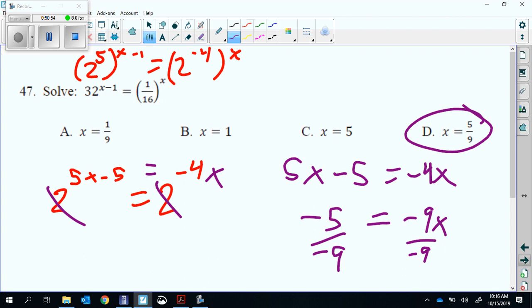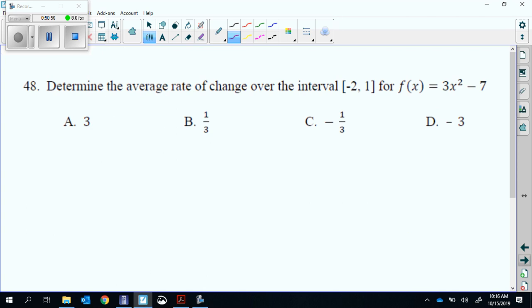That's 3 times -2 squared minus 7. 3 times 4 is 12 minus 7 is 5. And then y2 we get by plugging in x2. That's 3 times 1 squared minus 7. 3 times 1 is 3 minus 7 is -4.